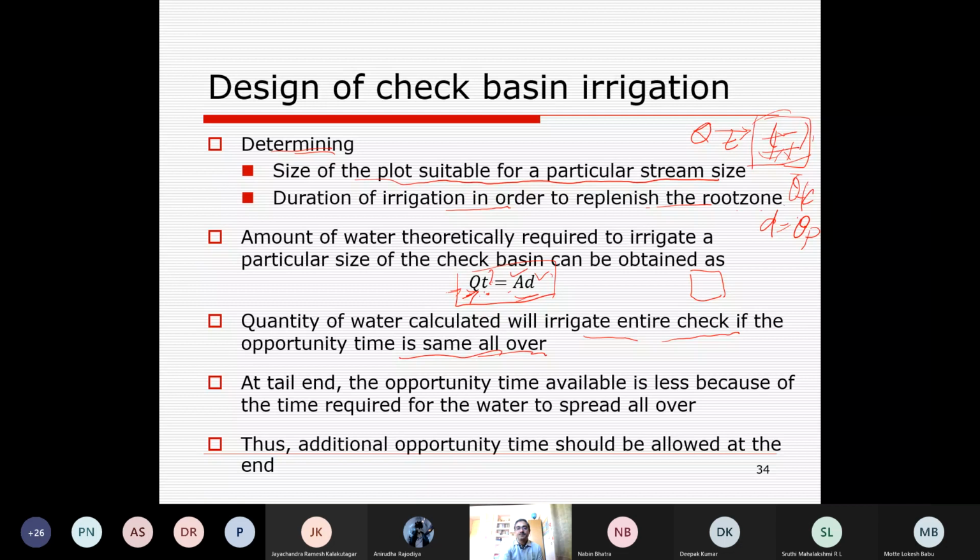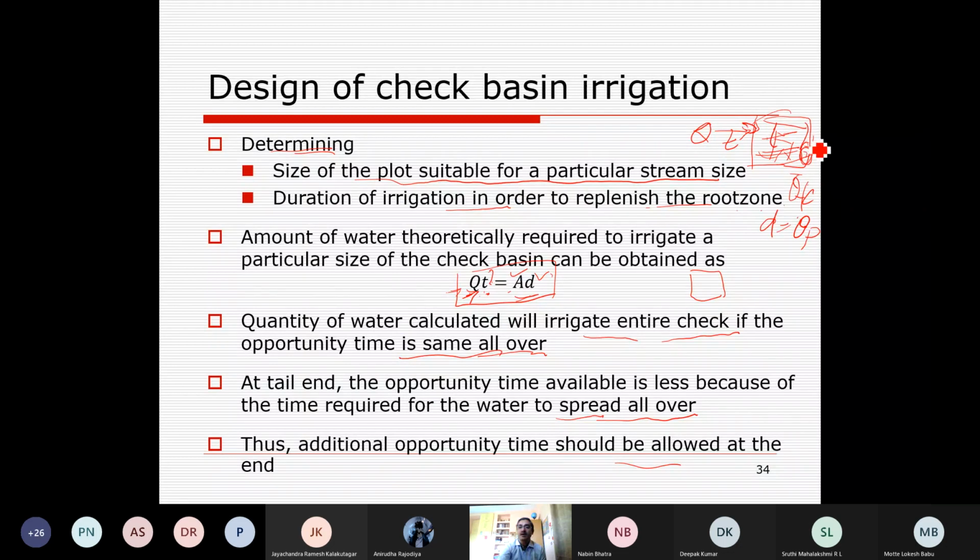At the tail end, at the last, suppose the stream is diverted from here, so this will be the farthest point. At the tail end, the opportunity time available is less because of the time required for the water to spread all over. It means some time is required to spread water all over. So here opportunity time will certainly reduce a little bit. Thus, additional opportunity time should be allowed at the end of the field.